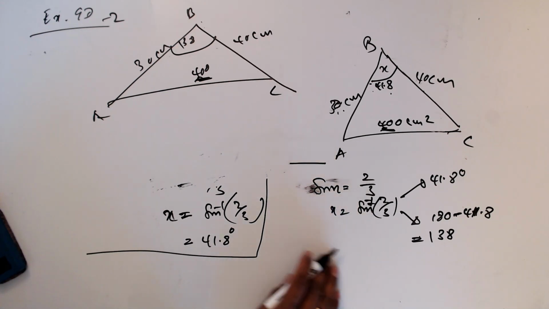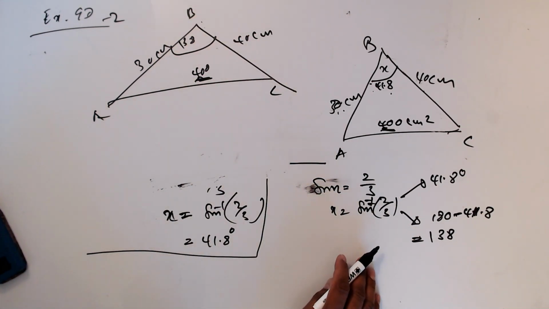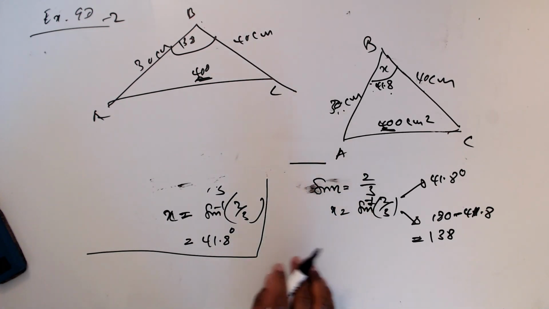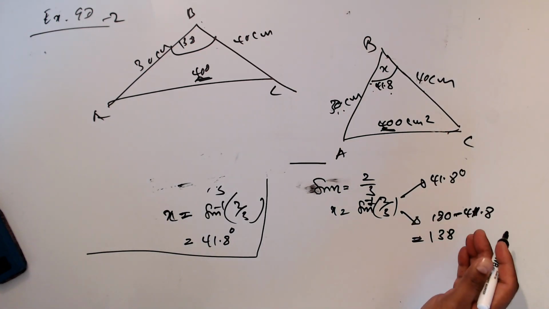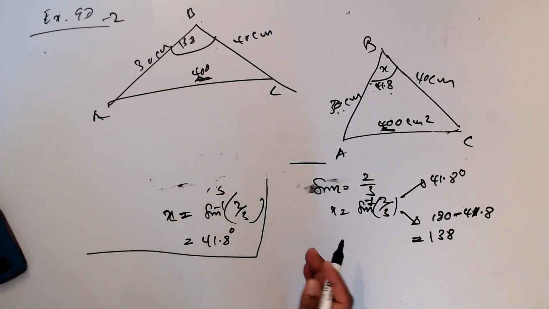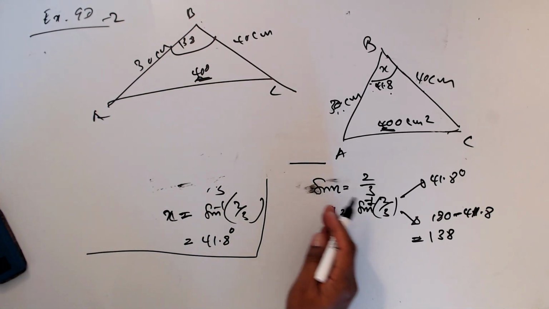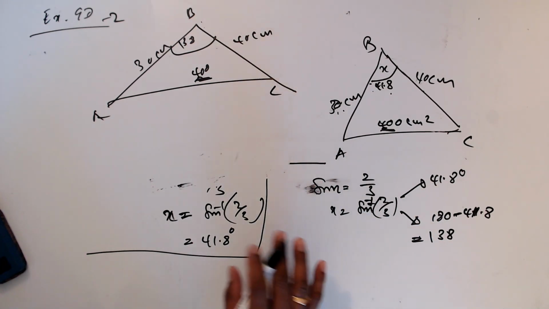At present, the only way we can handle this part is to just learn it as it is. It means you need to find 180 minus to get the other angle. But very soon we are going to learn how to solve equations like this and why you have two angles. Basically this is a temporary situation.